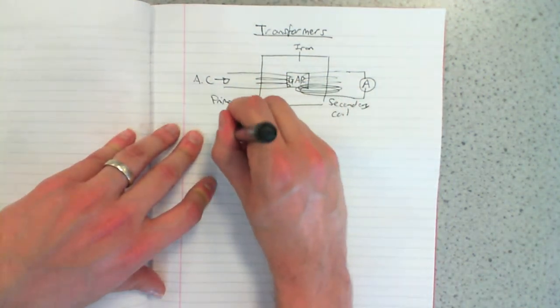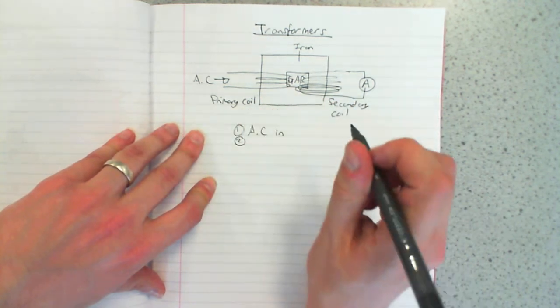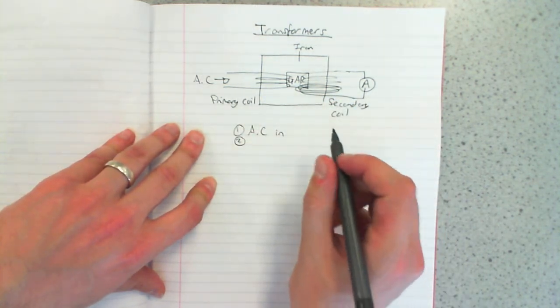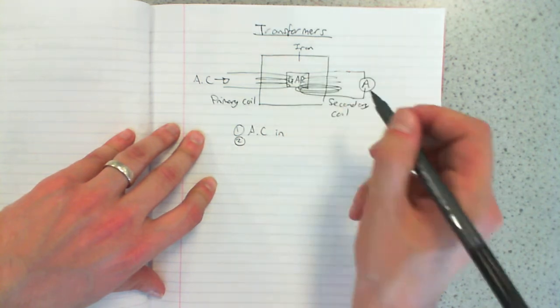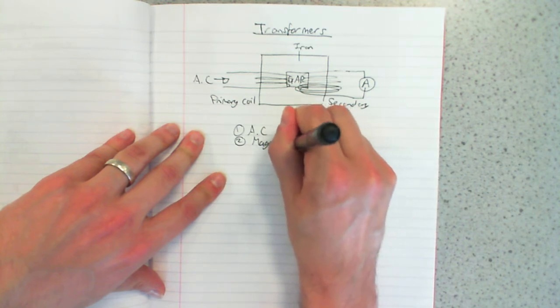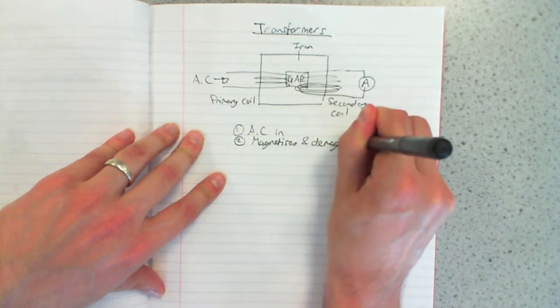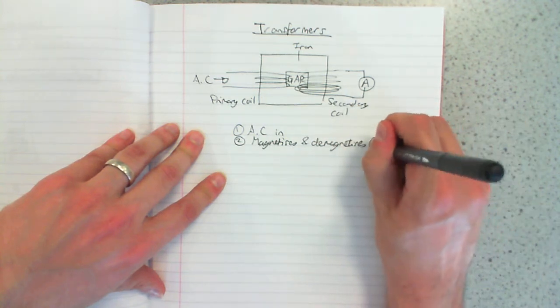Alternating current in, AC in, and what this does is it magnetizes the iron. It magnetizes and demagnetizes the iron. And what we can say is this iron core is soft.